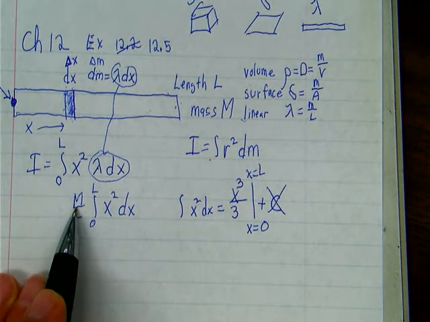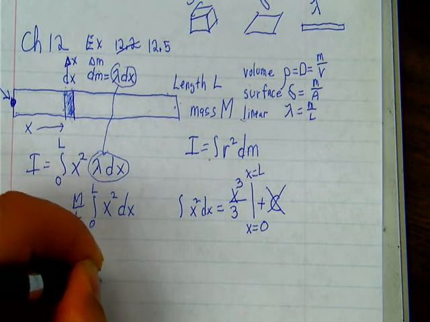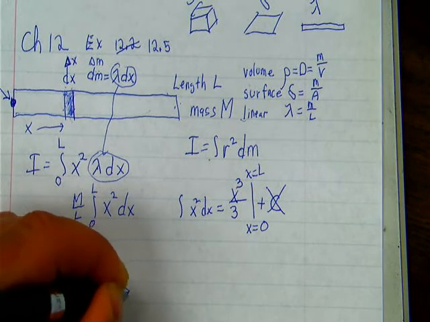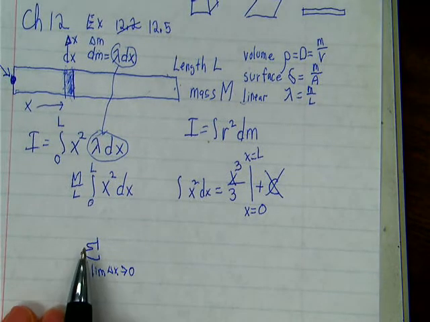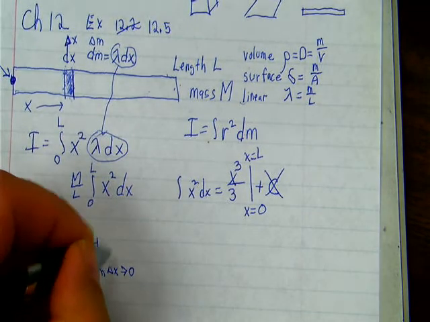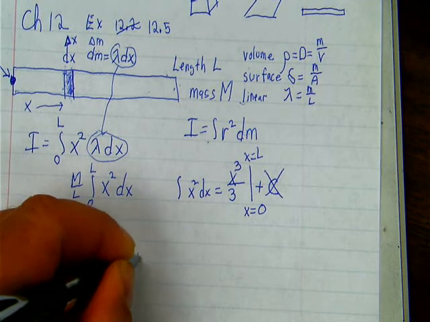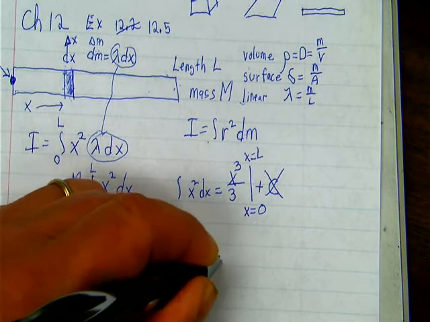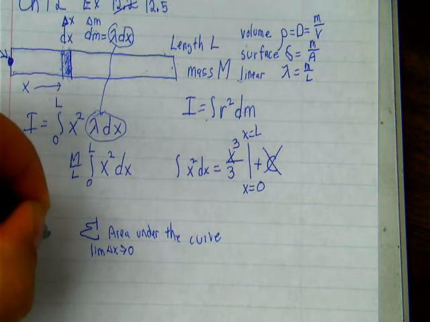There it is. When you do integration, you are taking the limit as your little differential element goes to 0. You're taking the limit of the sum of all the little areas under the curve. So that is what integration is doing.